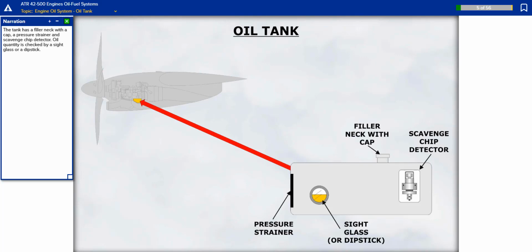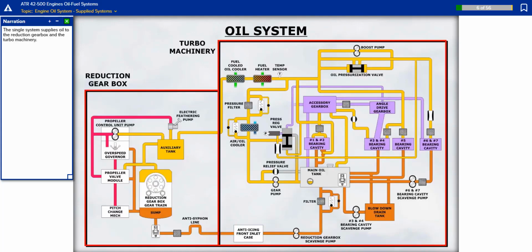The tank has a filler neck with a cap, a pressure strainer, and scavenge chip detector. Oil quantity is checked by a sight glass or a dipstick. The single system supplies oil to the reduction gearbox and the turbo machinery.